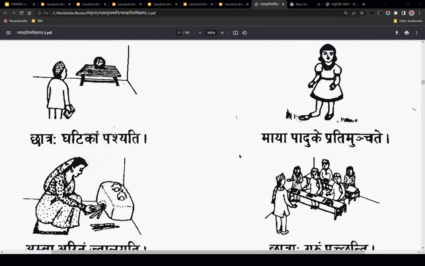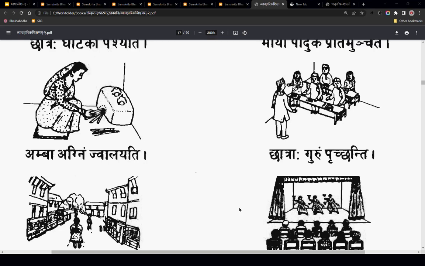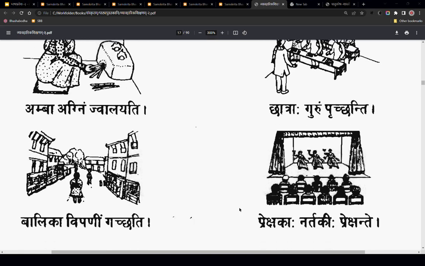Maya padake pratimunchate. Maya padake pratimunchate means she takes off. Here also pratimunchate is used in the atmanepade. Amba agnim jwalayati. Okay.